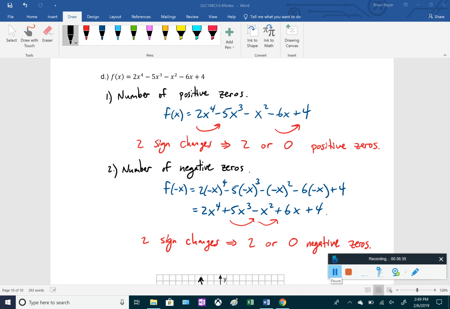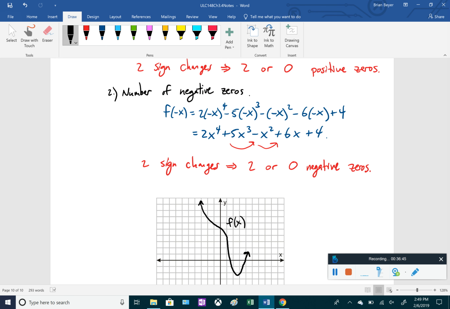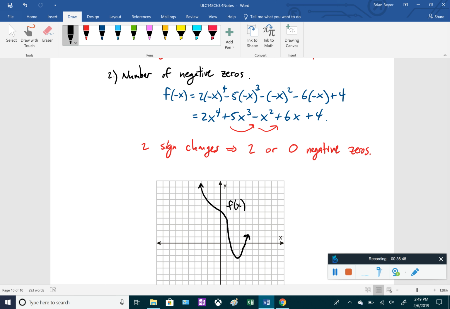For the number of positive zeros, we can see that there are 2 sign changes, which means 2 or 0 positive x-intercepts. For the number of negative zeros, plugging in f of negative x and simplifying, once again there are 2 sign changes, so 2 or 0 negative x-intercepts.